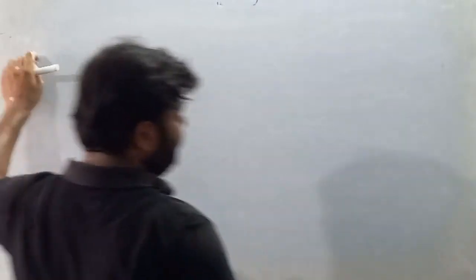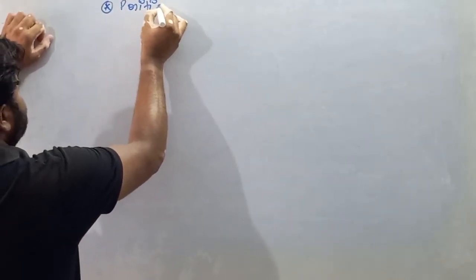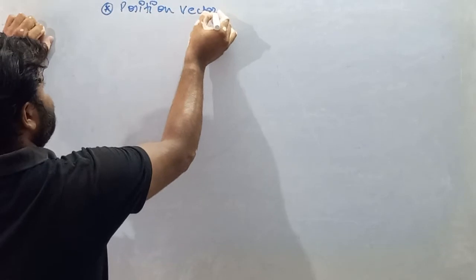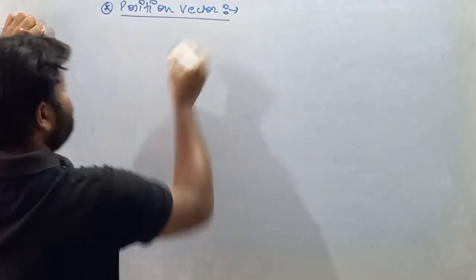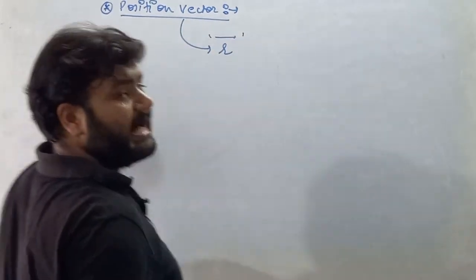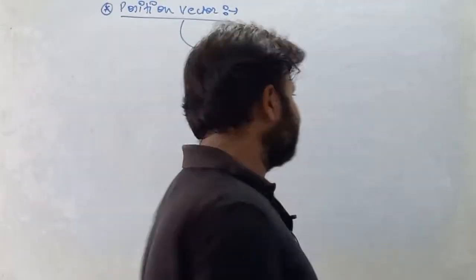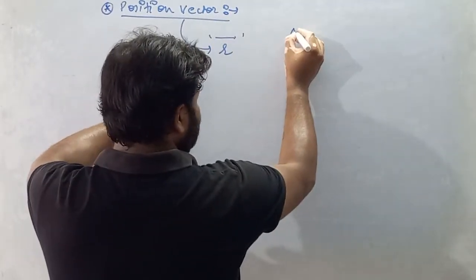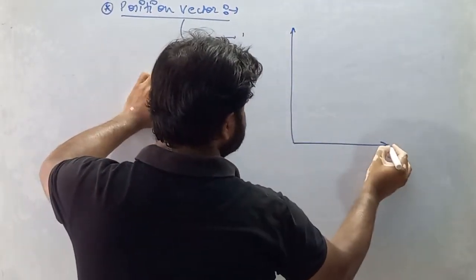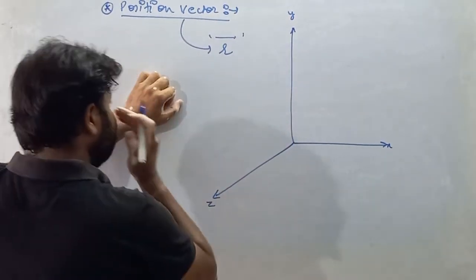Now moving forward to the position vector. This is again a very important concept. The position vector is represented by r vector. Now see, my dear students, let's suppose we have a Cartesian system: x-axis, y-axis and z-axis.